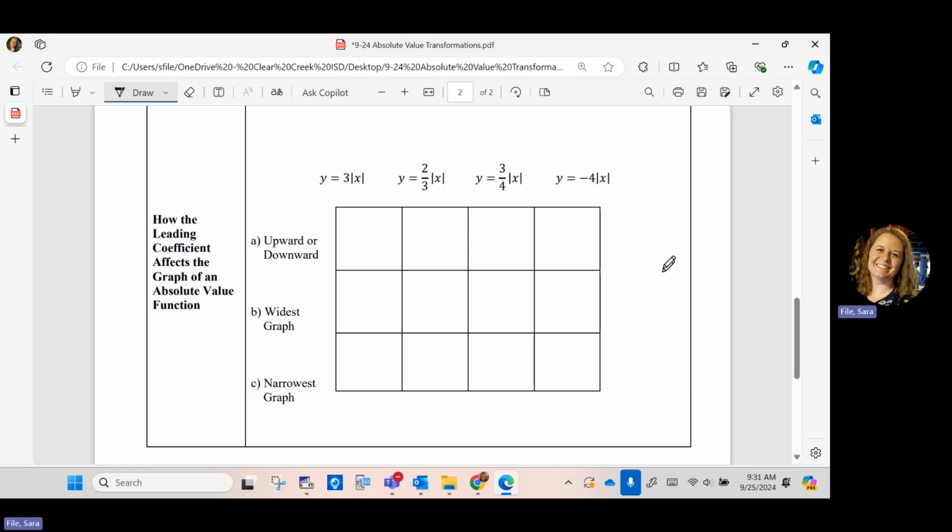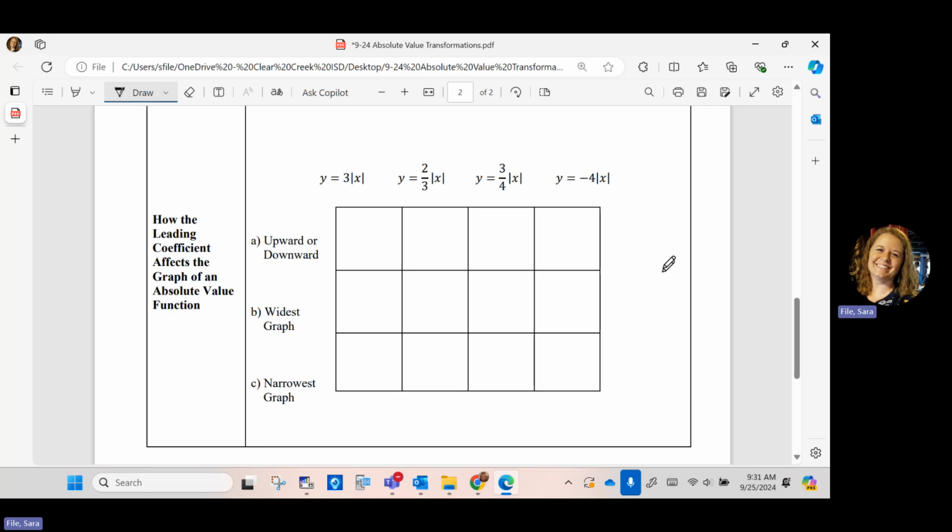They're less than 1, aren't they? 2/3 and 3/4. So we know these two are going to get wider, and these two are going to get narrower. Which one is the widest and which one is the narrowest?